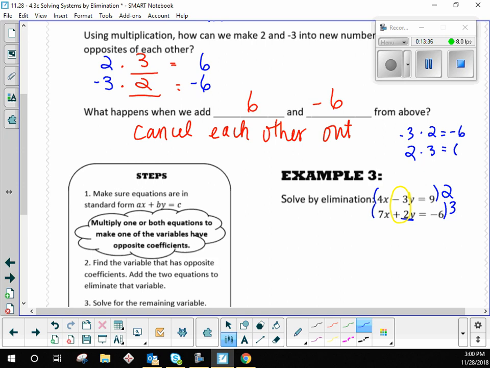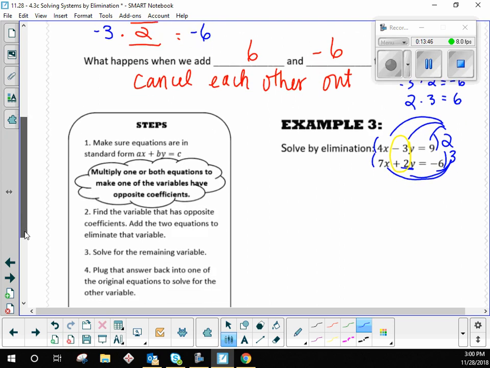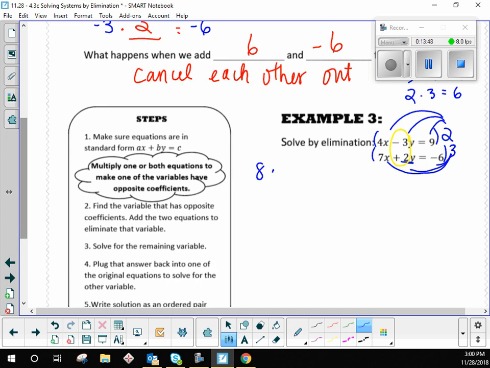Multiply that by 3. And then you would do that next. So now what we've got is distributive property on the top, distributive property on the bottom. And here's what our new equations would look like. 8x minus 6y equals 18. 21x plus 6y equals negative 18.